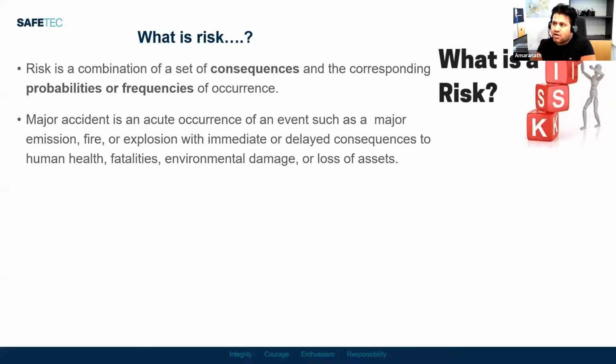Major accidents are, for example, major releases of hydrocarbons resulting in fire and explosion accidents that can lead to immediate or delayed consequences for human health, fatalities, environmental damage, or damage to the assets that we have in different offshore installations or in other factories or production systems.